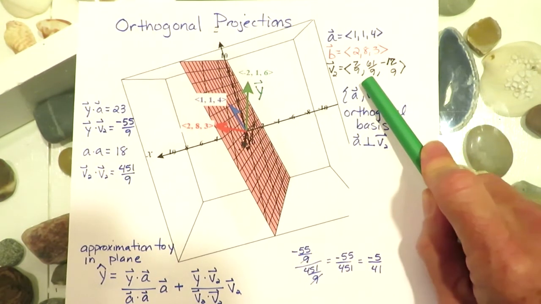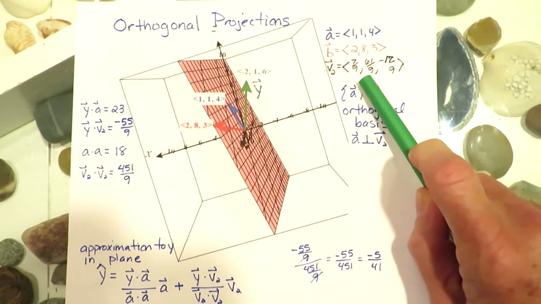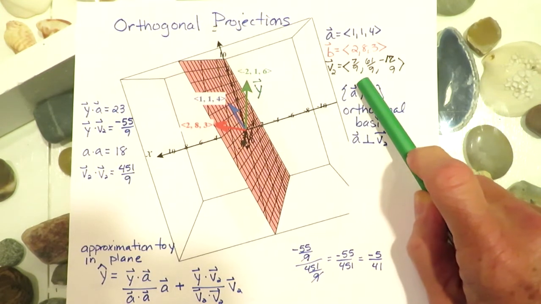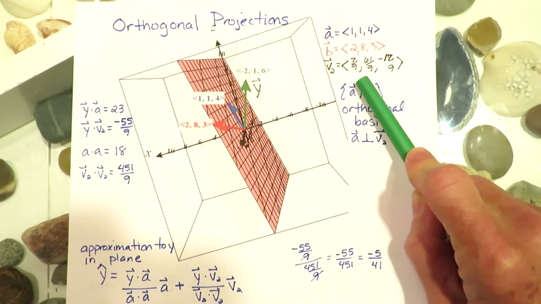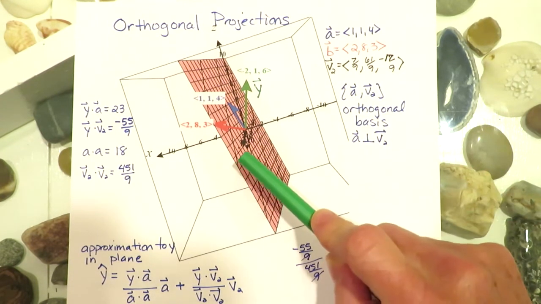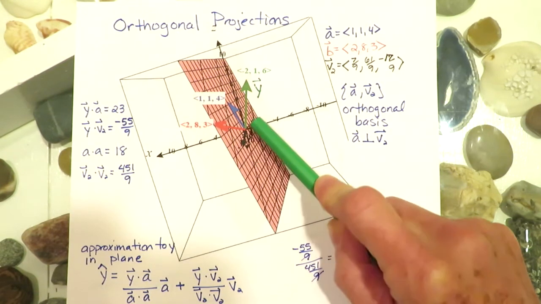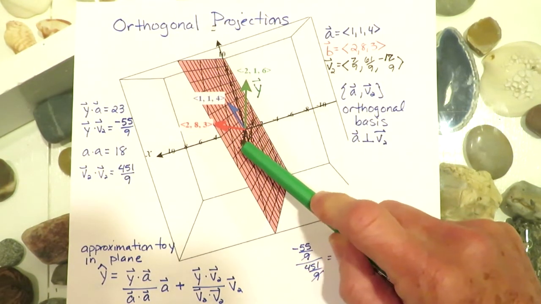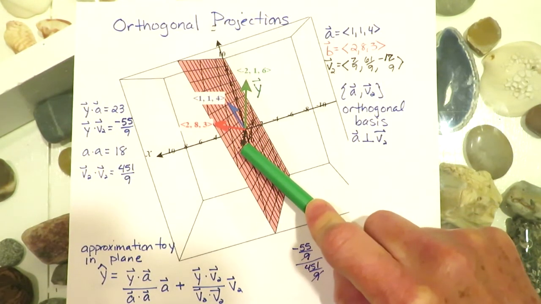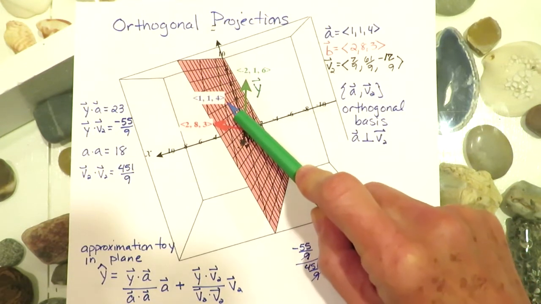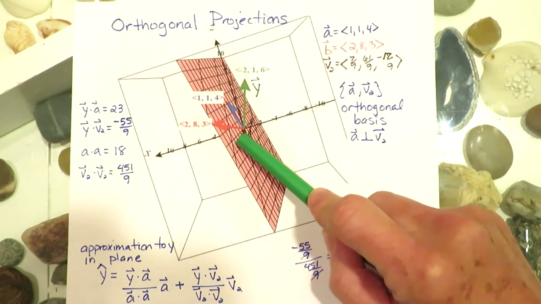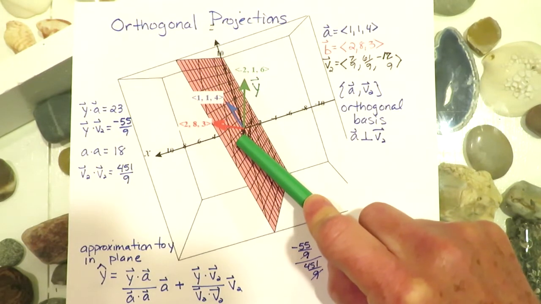And then we found another vector to form an orthogonal basis, and that vector was (7/9, 61/9, -17/9). And that vector is right here. It's a little hard to see in our graphic here, but (1, 1, 4) and that vector are perpendicular to each other, and notice they're in the same plane as (2, 8, 3).